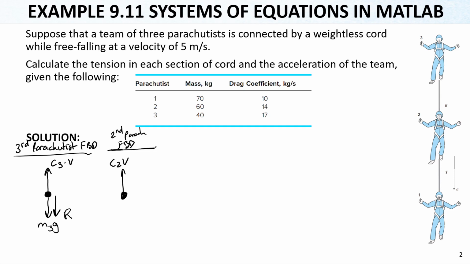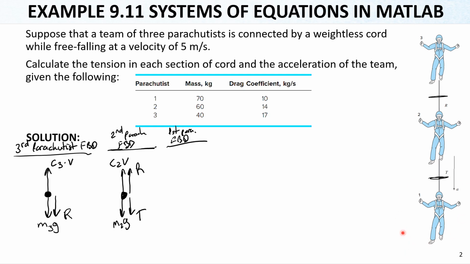Also, we will have the rope tension R. Here you can see, because we cut it from here and from here, downward we will have m2 g, the weight, as well as the T here for the second one. Sorry, for the first one, the one below, first parachutist free body diagram.